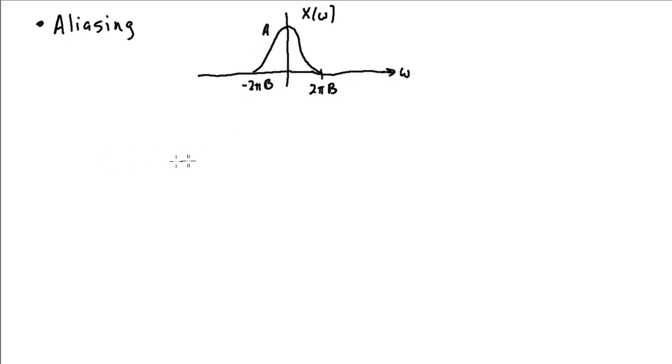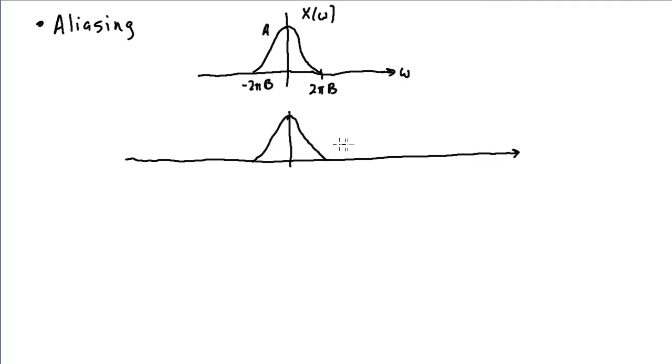We know what the spectrum of the ideally sampled signal looks like. And if we actually meet the Nyquist criteria, we'll have replicas of this at omega s apart.